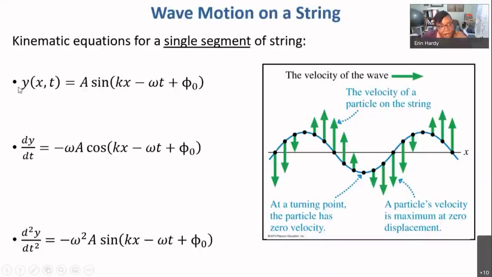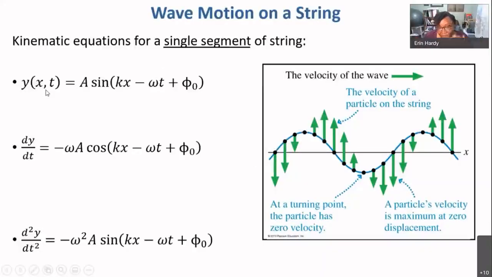But we are trying to determine a position along the vertical axis, so we are swapping out capital D with just a generic y. In this image, we know that this wave is propagating toward the right, so there's going to be a negative between our kx and omega t terms in each case.